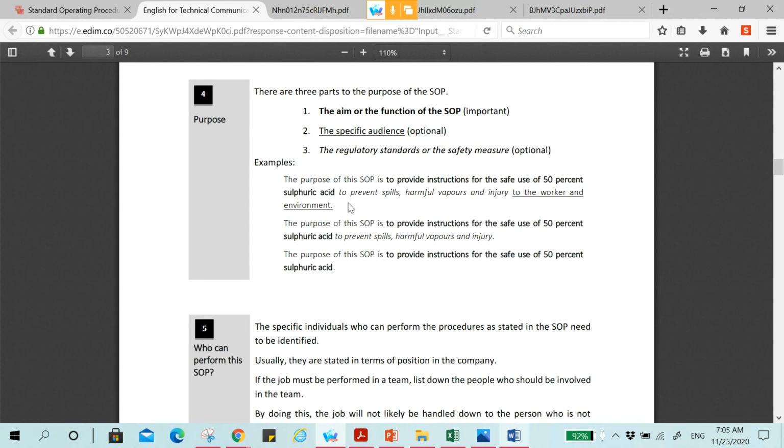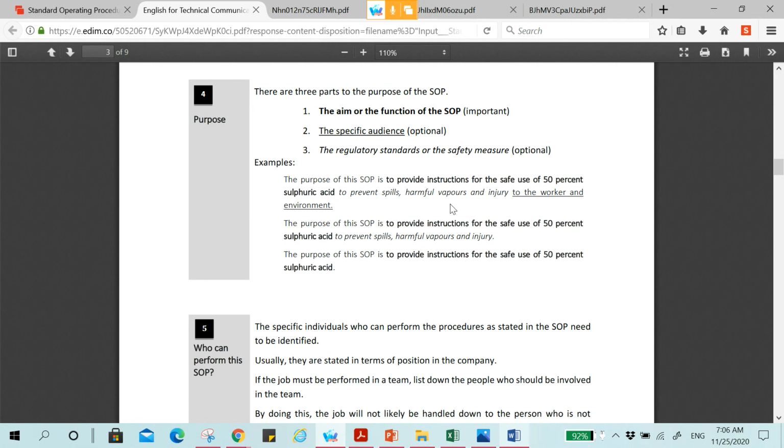The first one is you combine number 1, number 2, and number 3 all together. For example, the purpose of this SOP is to provide instructions for the safe use of 50% sulfuric acid to prevent spills, harmful vapors, and injury to the worker and environment.